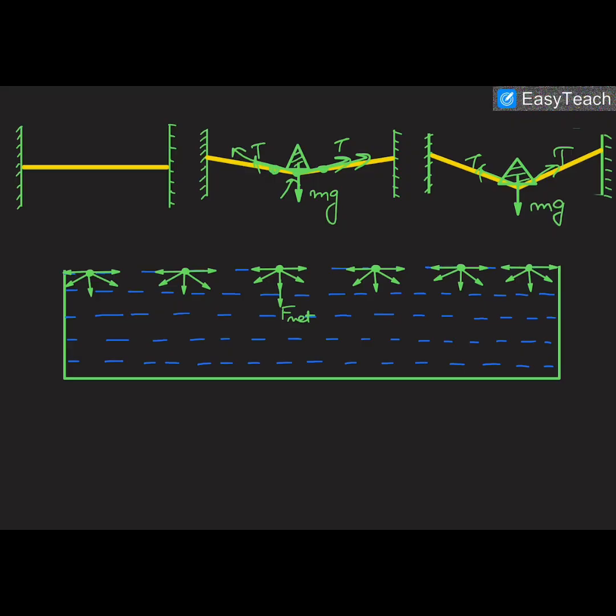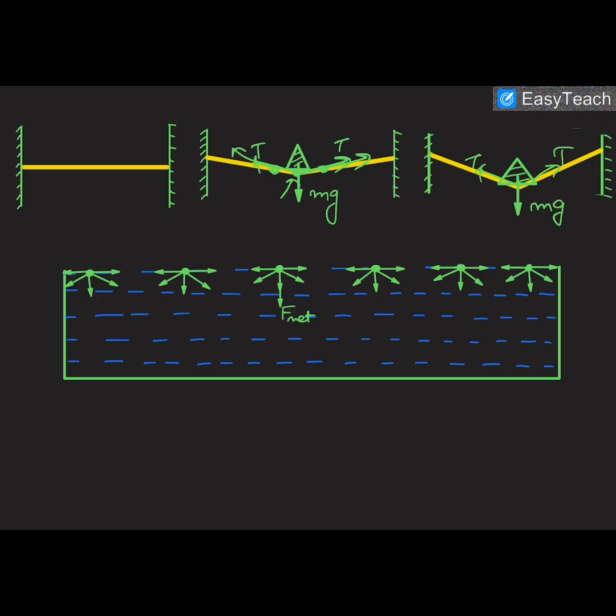But it has a tendency of going down because the net force is acting in the downward direction, and due to this tendency, the surface of the liquid is always tending to minimize its free surface area, and this property of the liquid is called surface tension.